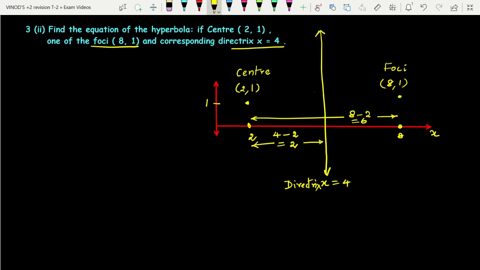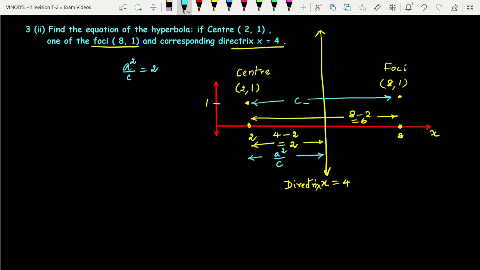And we know that the distance from the center to the directrix is a square by c. So a square by c is equal to 2. And the distance from the center to the foci is c units.